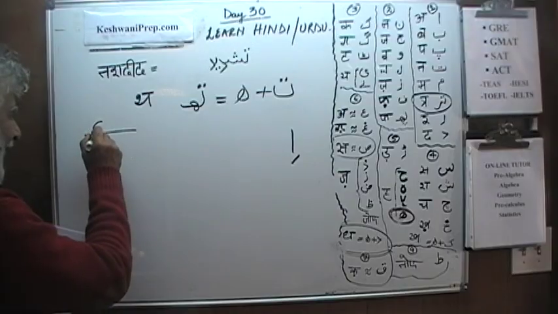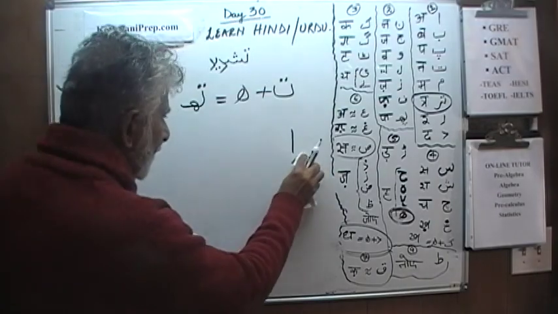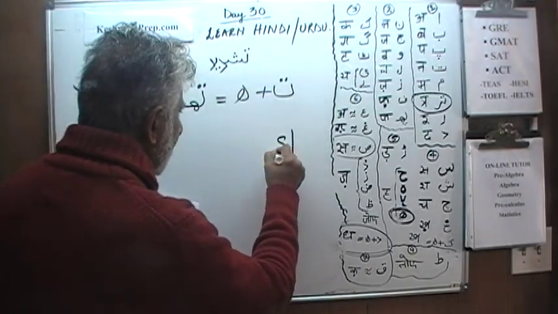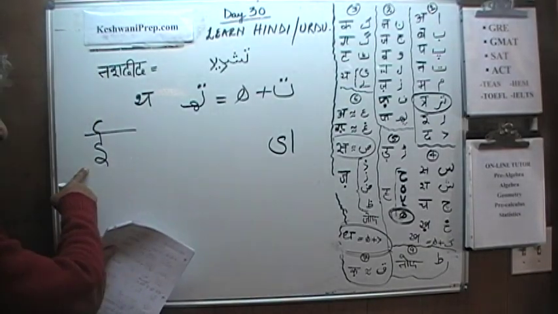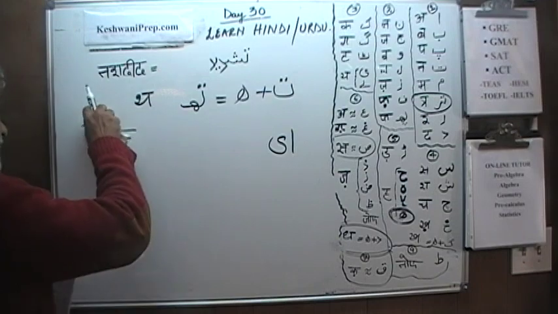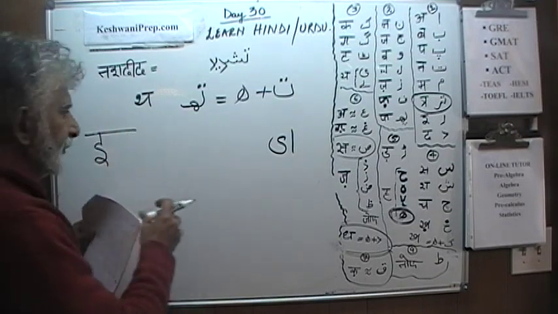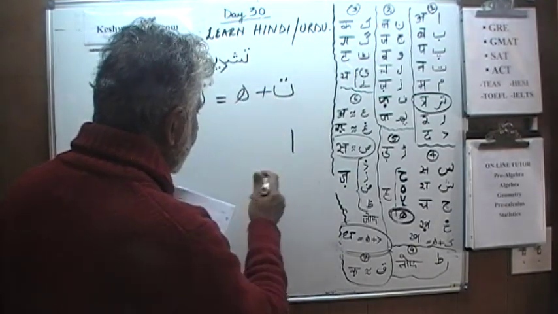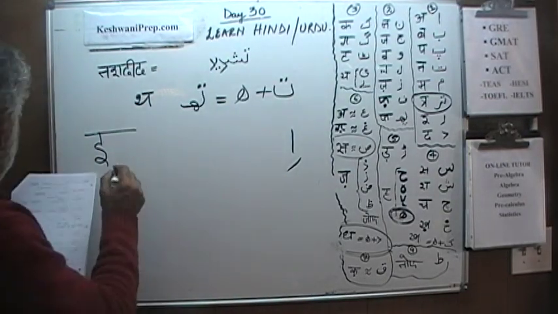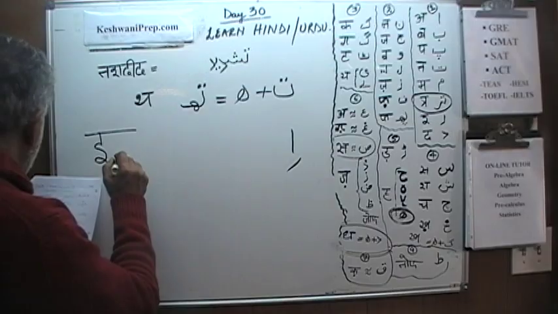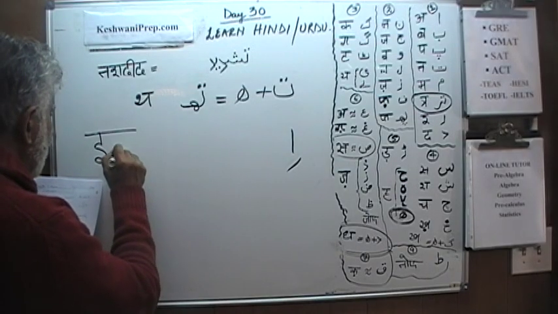If it had this loop, it would have been alif with choti E. That would have been badi E ki matra. We don't need that, we need a choti E ki matra, which is a zer. Then we have a Z. Z in Hindi looks like this.